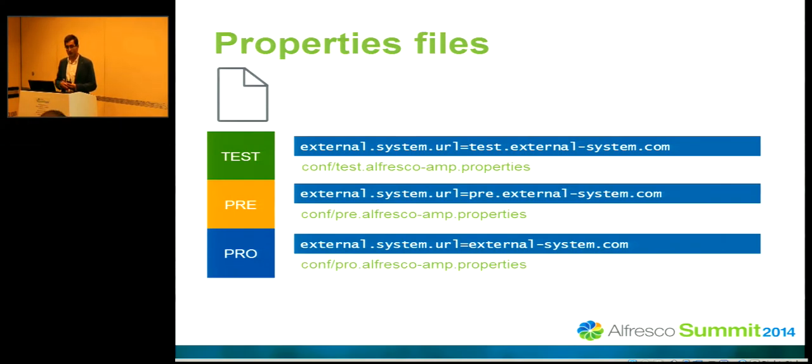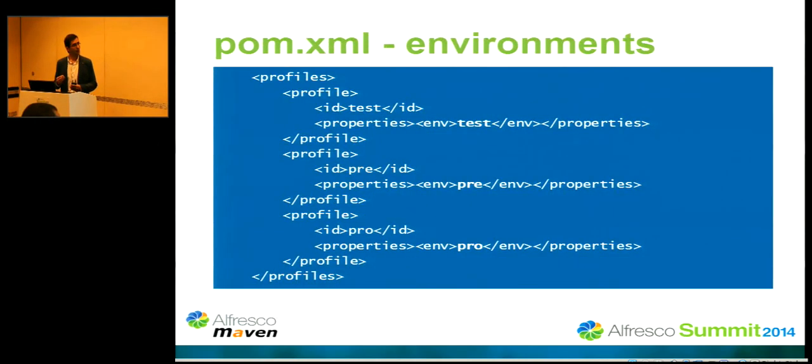Our property files are prefixed by environment. You see these test, pre and pro property files, one for each. We define in the root POM our environments, again test, pre, and pro, just a sample.